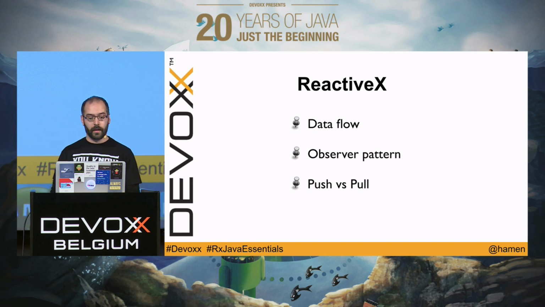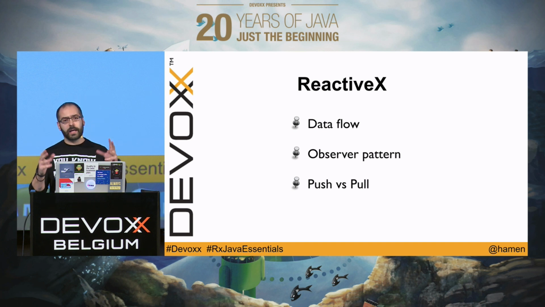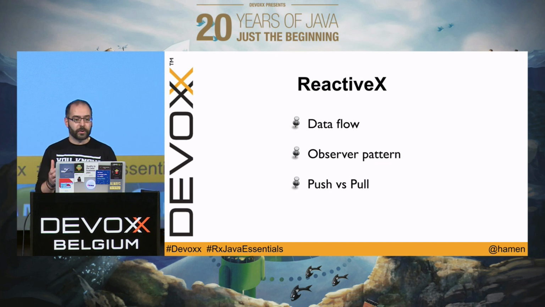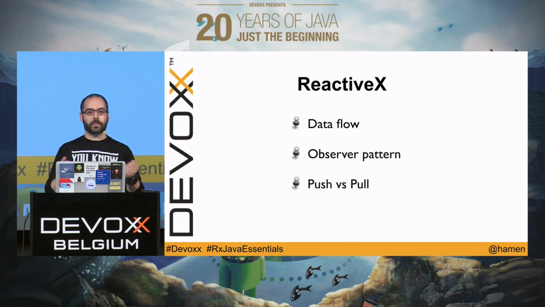The main point is the data is a flow. So we are not asking, we are receiving the data. It enforces the concept of push versus pull, because we are subscribing to data, and the data will come to us when they are available.